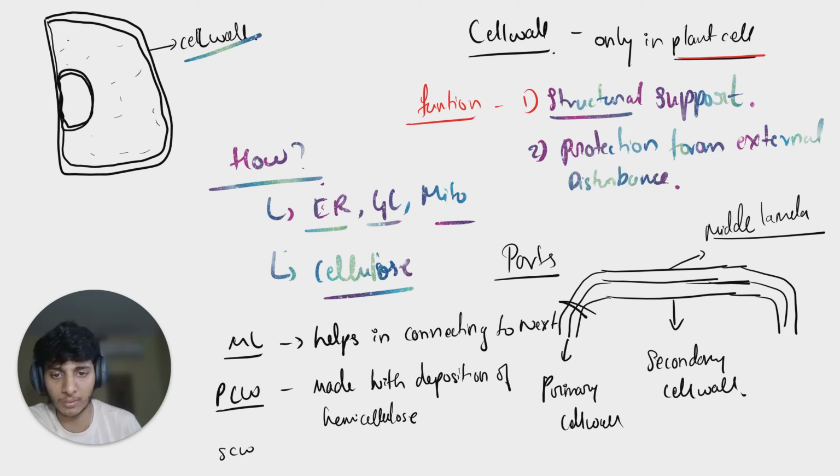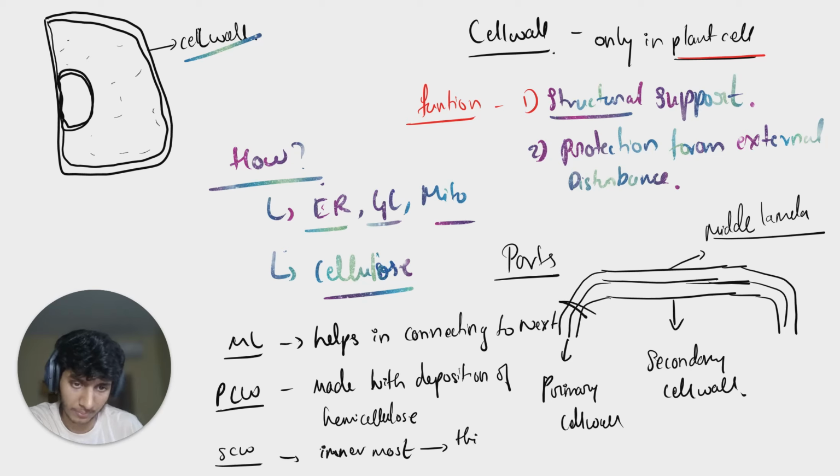And the secondary cell wall is the innermost part, and it is thicker compared to these two. It is also made up of cellulose.